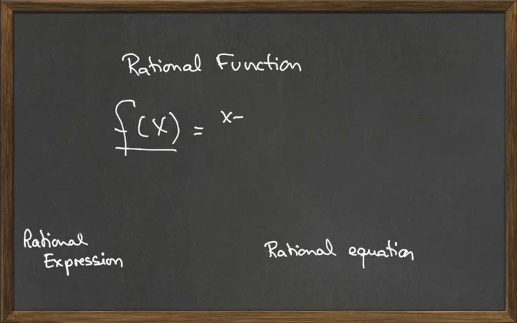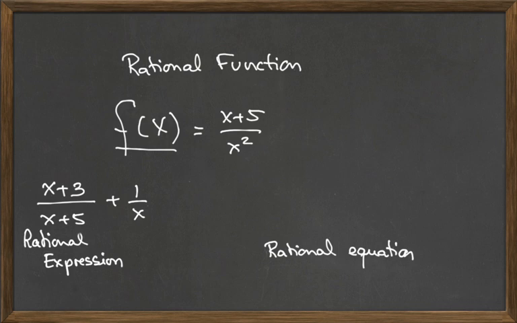Thank you. X plus 5 over x squared. Now, we also need to know, especially on a test, give me an example of a rational expression and a rational equation. Later on in chapter 5, we're going to solve rational equations. What's the difference between a rational equation and a rational expression?